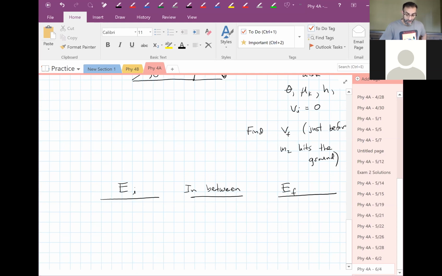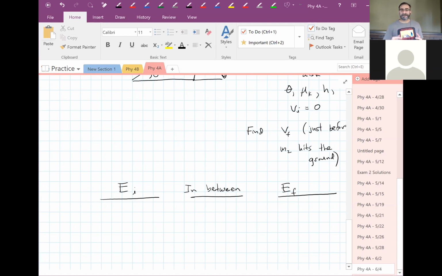Let's take a look at our equation here for the bar chart, how we're going to set up our bar chart. Mechanical energy consists of kinetic energy, gravitational potential energy, and spring potential energy.